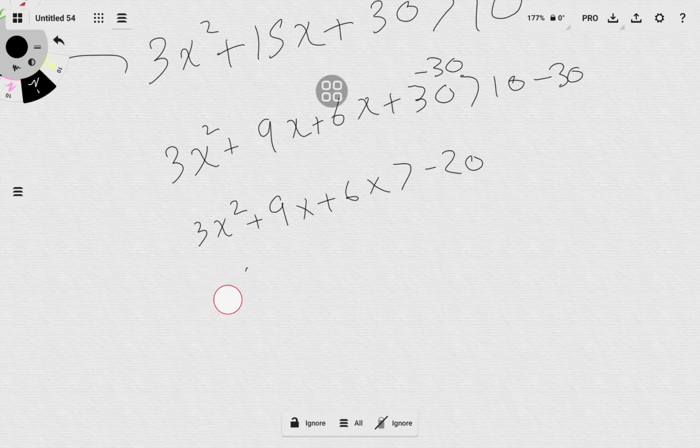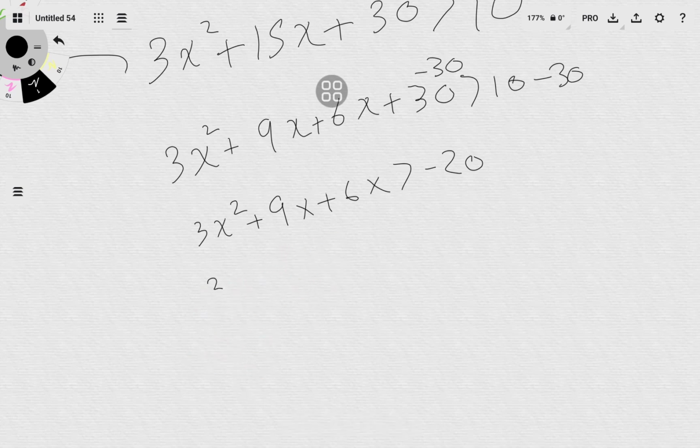3x square plus 15x. Let's provide it back. Let's do 3x. No. We can do it like this.